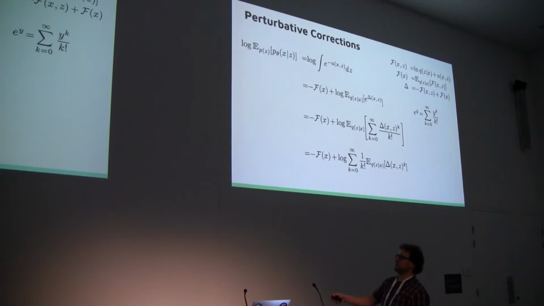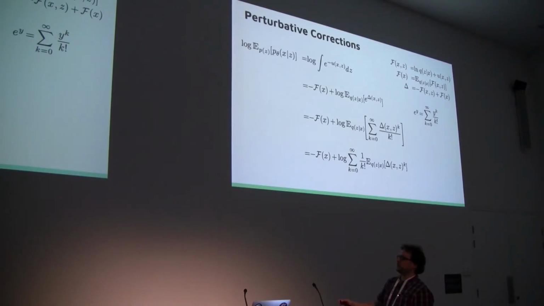Here I just made the assumption that the free energy fluctuates only a little bit around its mean. But this is just one example of how we can do this perturbative correction.